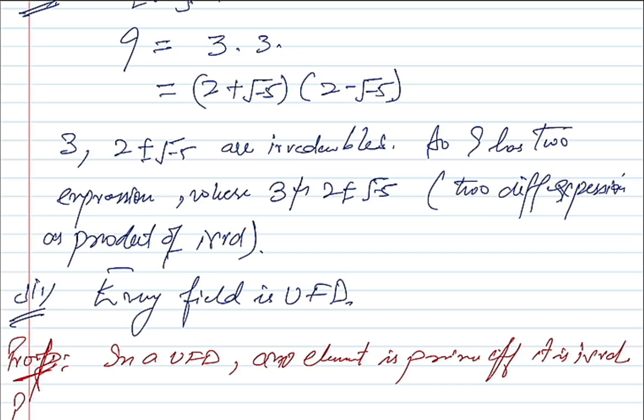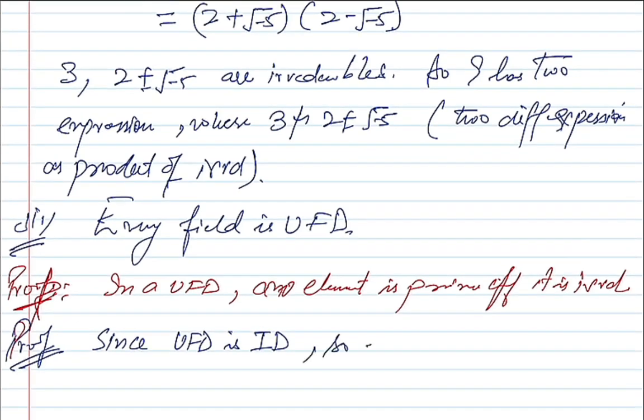Okay, so what will be the proof of this? Since a UFD is an ID, an integral domain, every prime is irreducible. We have to prove the converse.